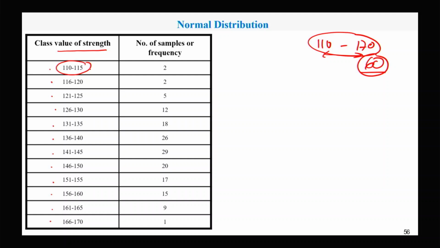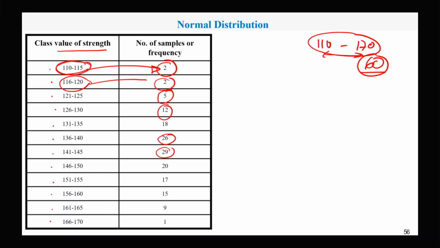So if you see here, at lower strength value, the number of readings are 2. So 110 to 115, the number of readings are 2, 116 to 120, again 2. So at different ranges, different classes, we have got different number of readings, number of test values, strength values here.